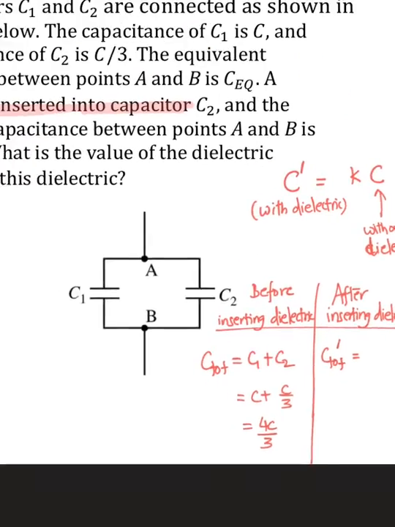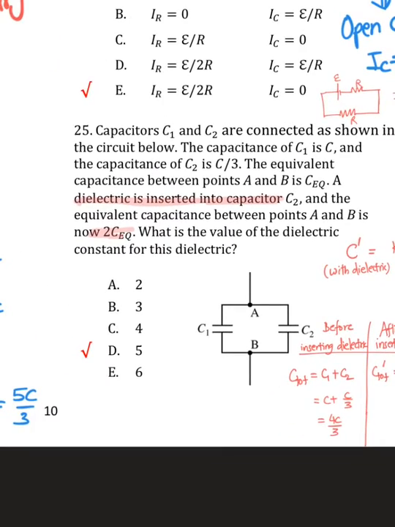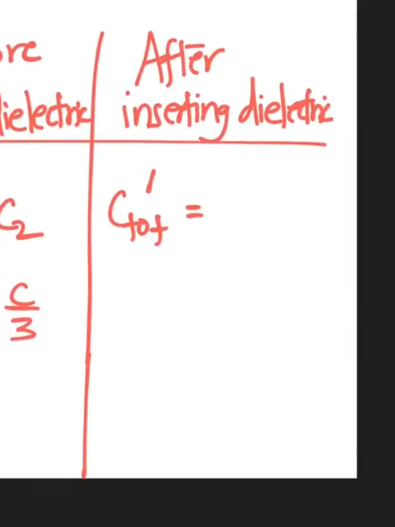Where are we inserting the dielectric? The dielectric is inserted in C2. So we have C1 plus C2 dash. C1 remains C, but C2 dash becomes K C over 3.